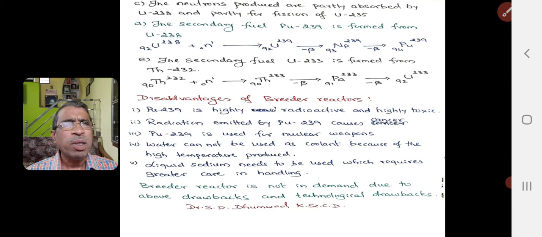This plutonium is a nuclear fissionable material. So that's why plutonium-239 is produced in this nuclear reactor.